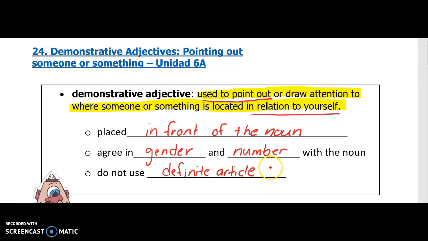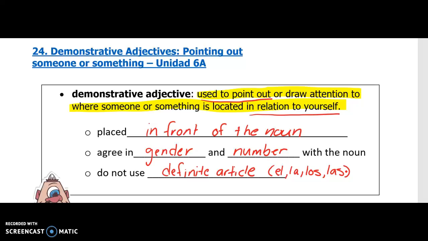Instead, you're going to get rid of it. So your definite article, just as a reminder, is el, la, los, or las. You are not going to use those. The demonstrative adjective is going to take the place of that definite article. So it gets a little bit more specific.